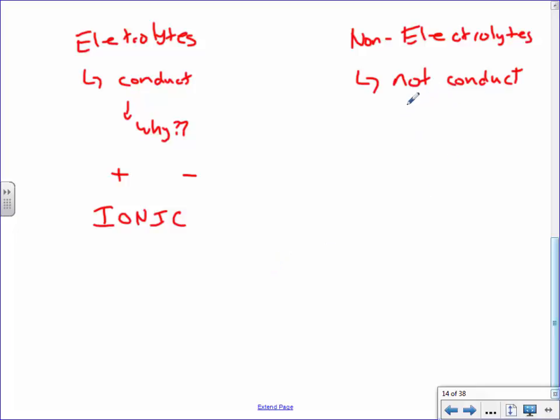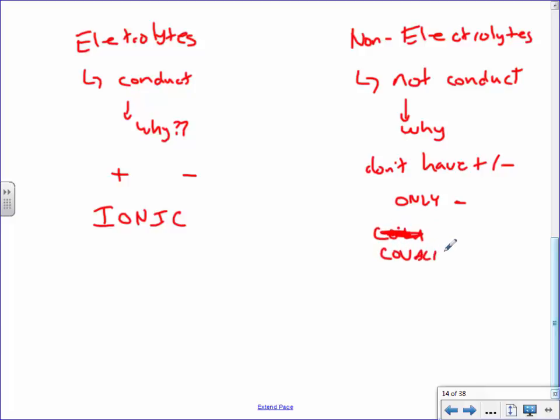Why do these guys not conduct? Well, it's because they don't have positives and negatives, which means they must be only negatives. These are known as covalent. Or the other word we use is molecular.